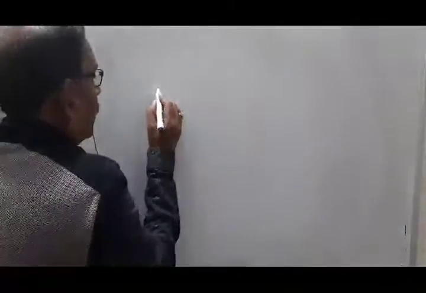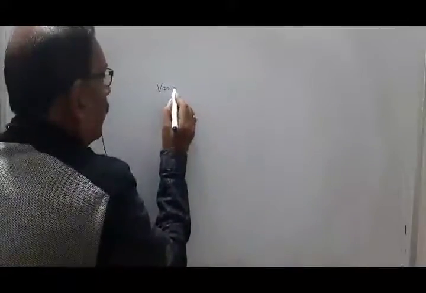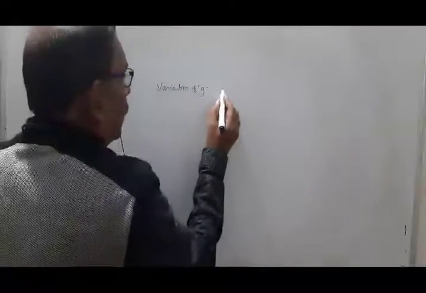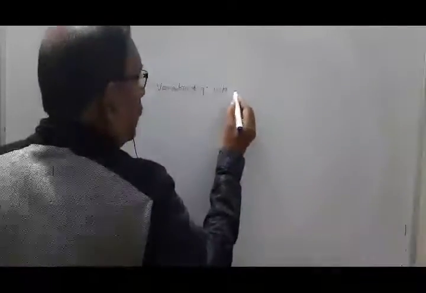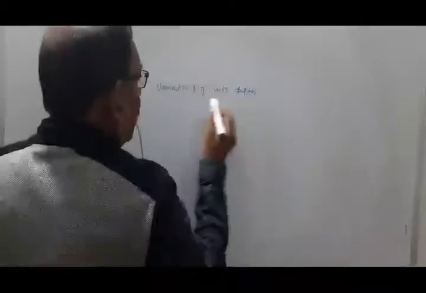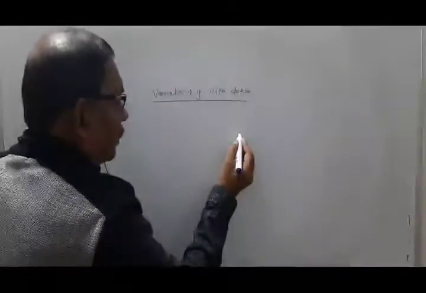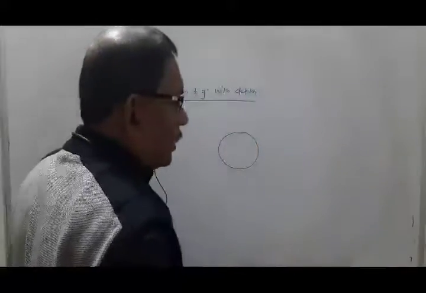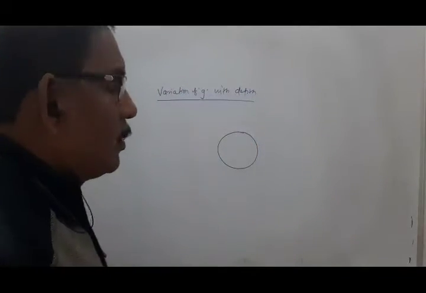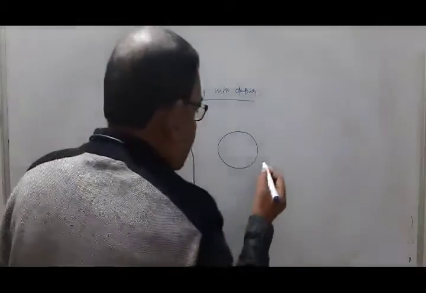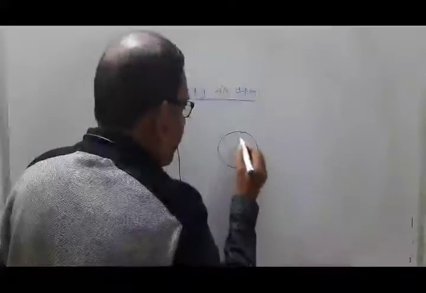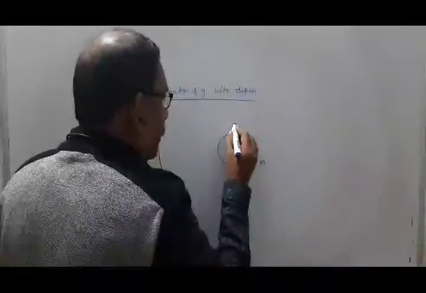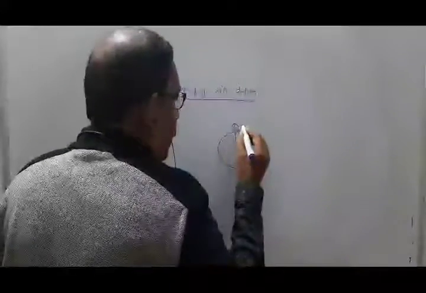So, variation of g with depth. Earth is considered to be a sphere of mass M and radius R. Initially the body is here, having mass m.